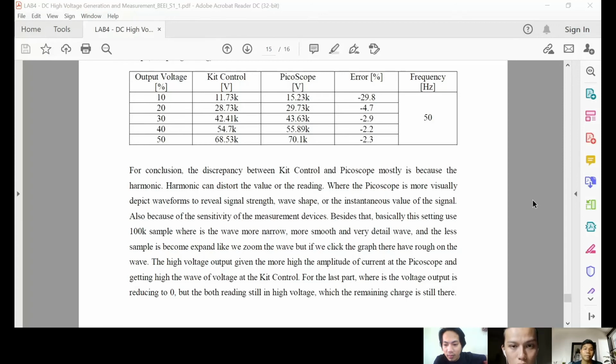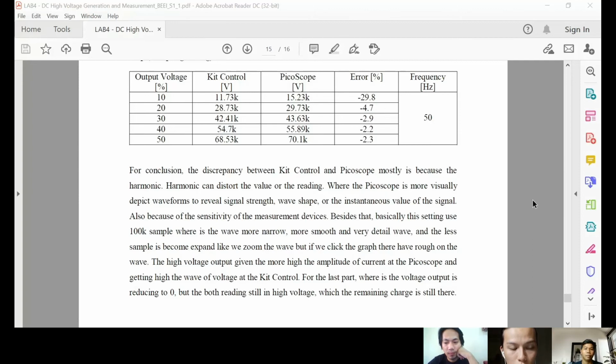So you will get the error. All these things we use frequency for 50%. We use 50 Hertz.